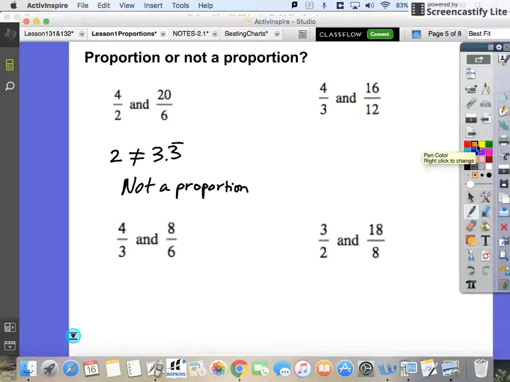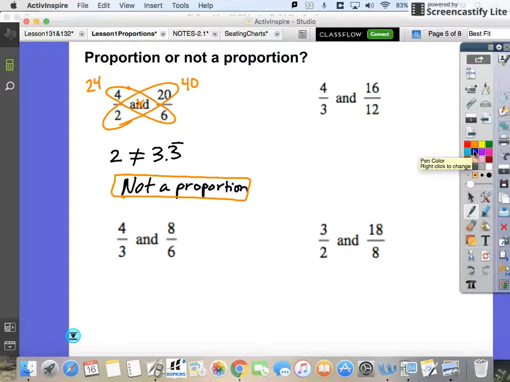There's another way you can check, and that's by cross multiplying. 6 times 4 is 24, and 20 times 2 is 40. 24 and 40 are not equal, so we know it's not a proportion.